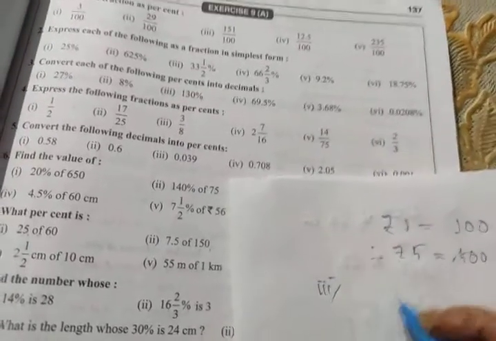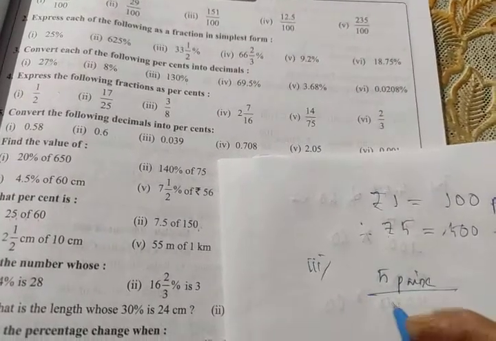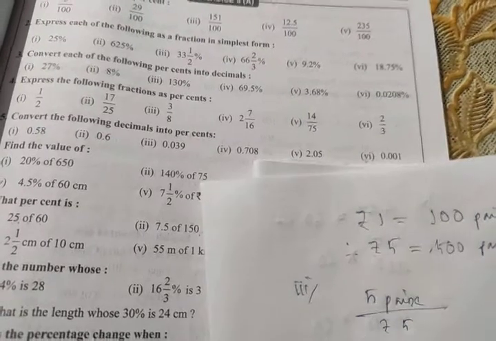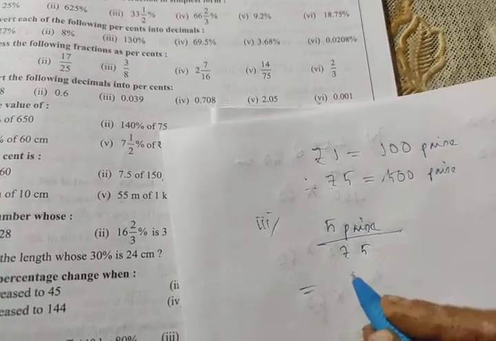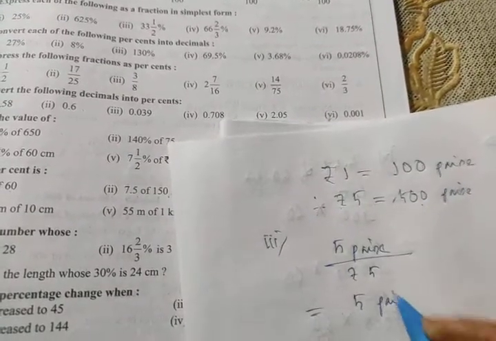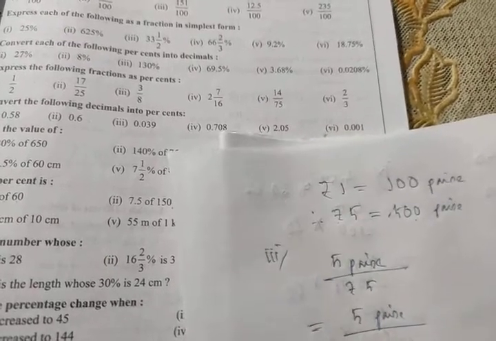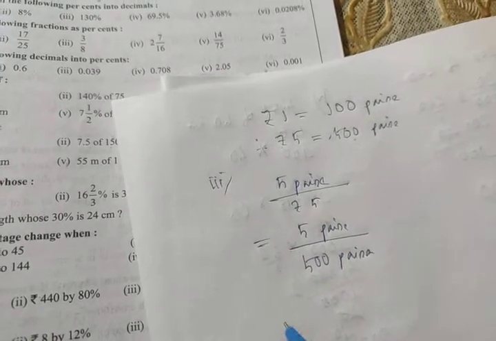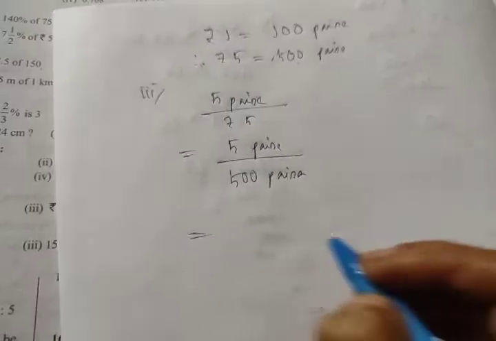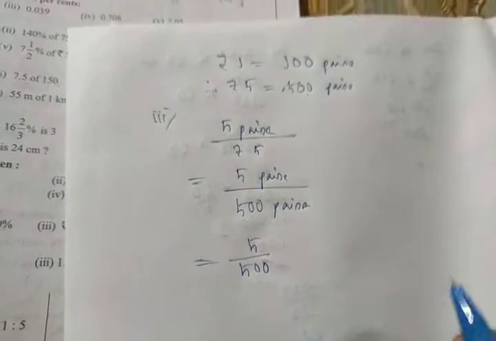5 paisa out of rupees 5. One unit is paisa, the other unit is rupees. So when we convert this to the same unit, 5 paisa by 500 paisa. In place of rupees 5, we can write 500 paisa. Therefore, we can write this as 5 by 500.